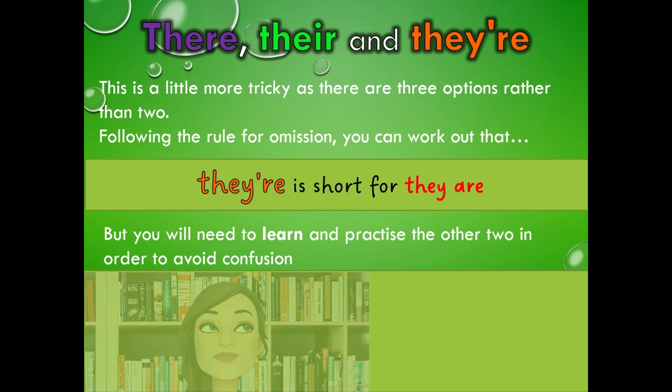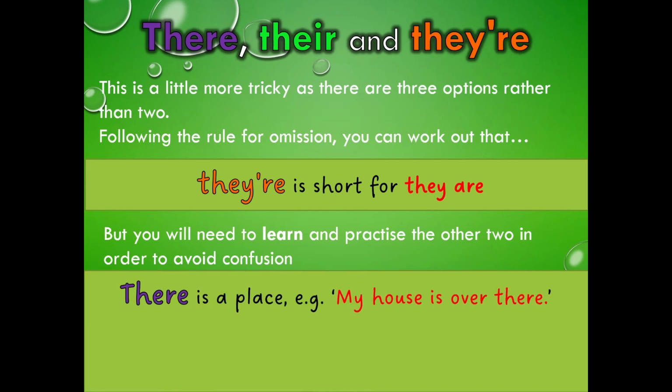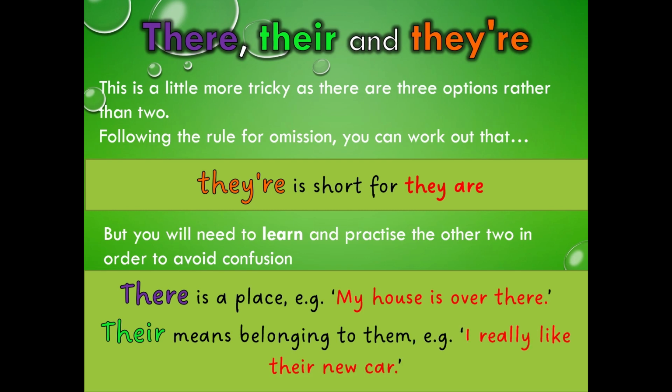So there, T-H-E-R-E, is a place. For example, my house is over there. Whereas their, T-H-E-I-R, means belonging to them. I really like their new car. Go over this and practice regularly to avoid this confusion.